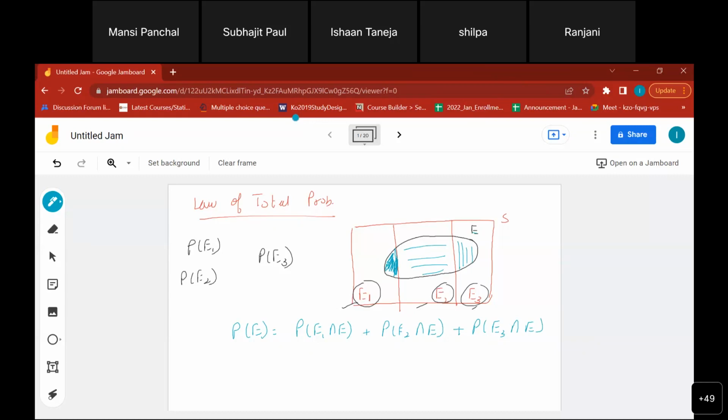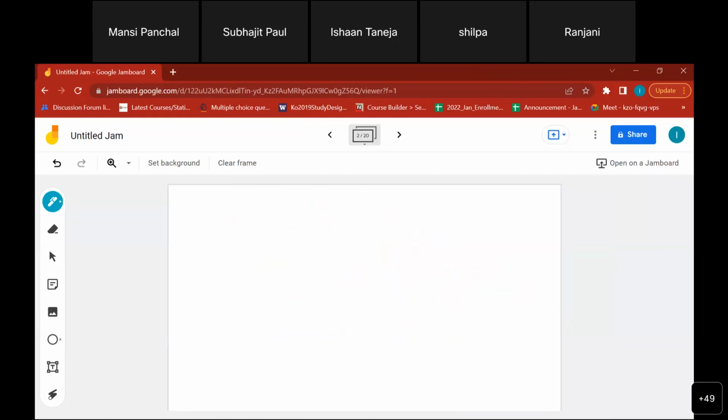Now recall the formula for conditional probability: probability of A given B equals probability of A intersection B upon probability of B, right? From here, can I write probability of A intersection B equals probability of A given B into probability of B?